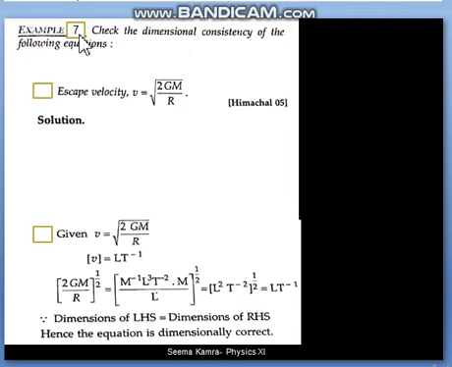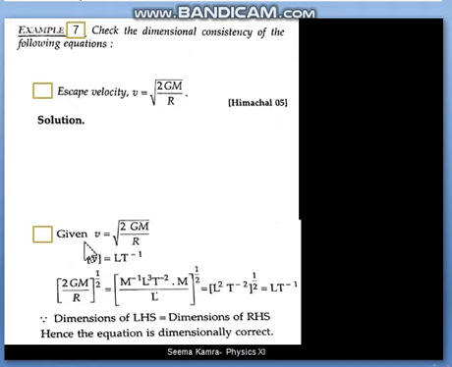In question number 7, we have to check V formula, escape velocity formula, which we have solved. Root of 2GM by r, capital G means gravitational constant, okay, and m and r are mass and radius of the planet. Now how to check consistency, dimensional consistency, that means dimensionally correct or not?